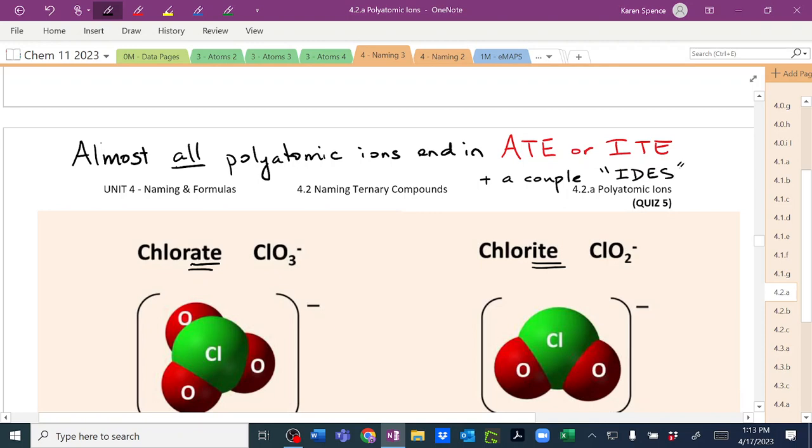Ooh, by the way, in every font that I will give you during any of the naming and formula stuff, your I's will always have crossbars, okay? On the Lewis structure, there was CH3Cl, and a couple people thought it was CI, and that made for a very complicated thing.